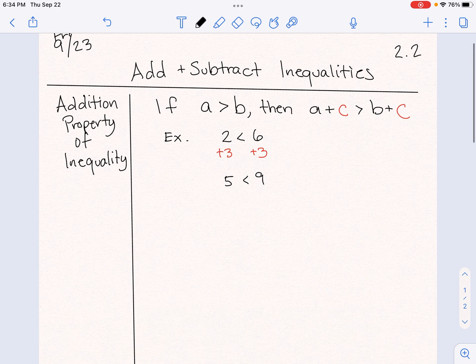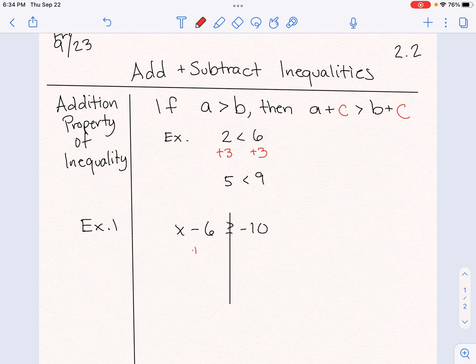So let's go example 1. We'll solve and graph the solution. The first one we're going to have is simply x minus 6 greater than or equal to negative 10. Typically, we'll draw a straight line. On both sides, if we want to isolate x, we need to get rid of this constant of negative 6.